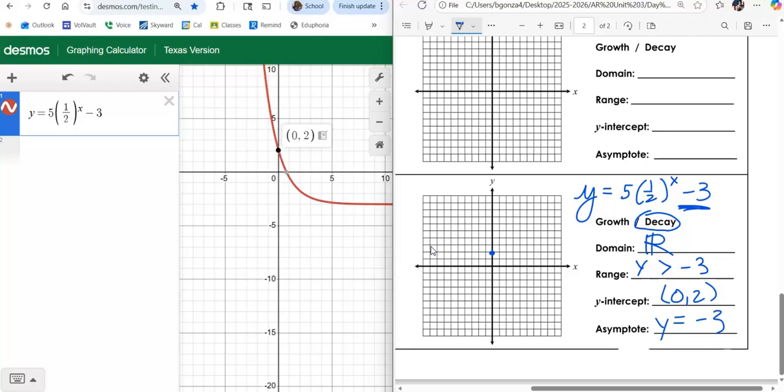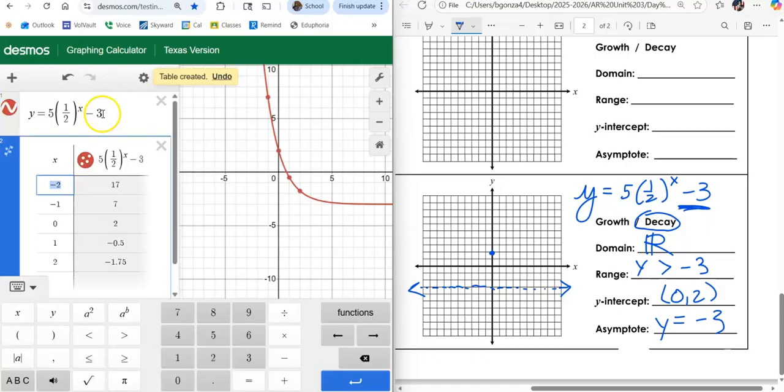But what about that 5? I'll show you. First of all, let's draw this horizontal line at negative 3. Go ahead and put dash, dash, dash. Now check it out.